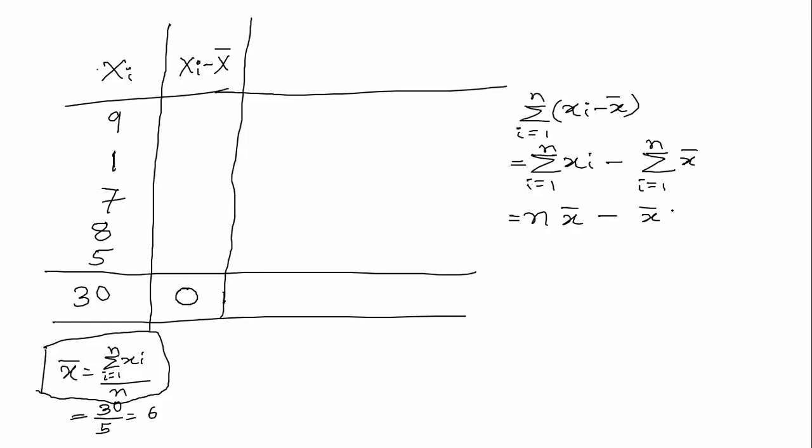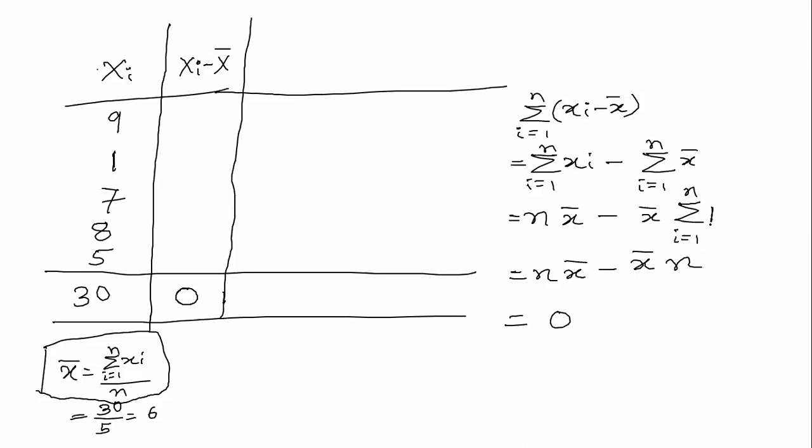Minus x bar is constant, and this is summation of, you will be wondering that this is very simple, what shall I write inside? This is 1. Only 1. And really next one is even interesting. Summation 1, i from 1 to n, that is 1 plus 1 plus 1, n times, and that is equal to n. So it is not 1 plus 2 until n, because it is not summation i from 1 to n, it is summation 1, i from 1 to n. So you have to go on putting different values of i. Every time the value of the term will be 1.